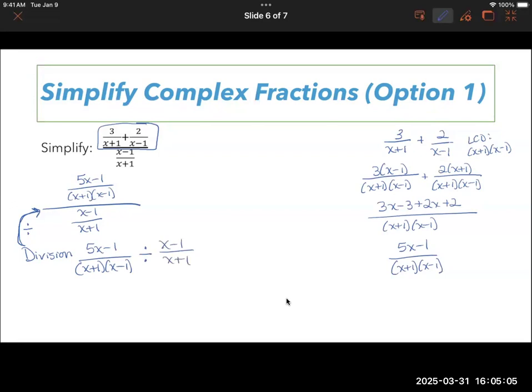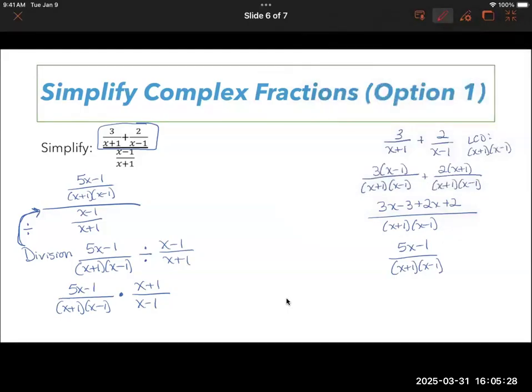And now we're going to work the rest of this as a division problem, which we just said means taking our first rational expression and multiplying by the inverted second rational expression.